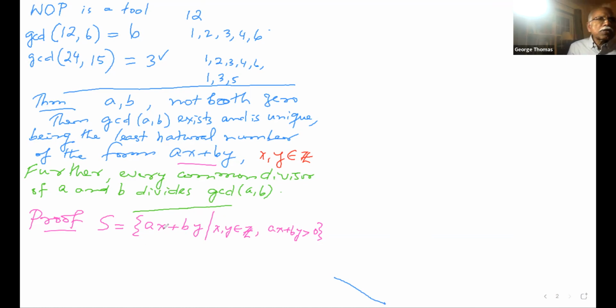I wrote down a set here. These elements look like this, don't they? I say S is not empty because we said not both 0. So at least one of them is not 0, right? Then A times A plus B times B is a number of this form.